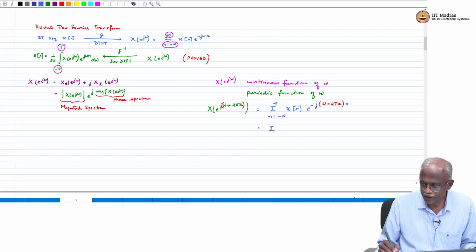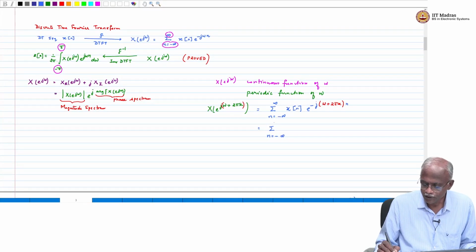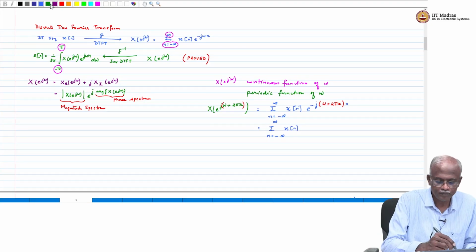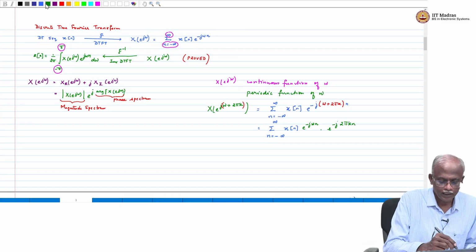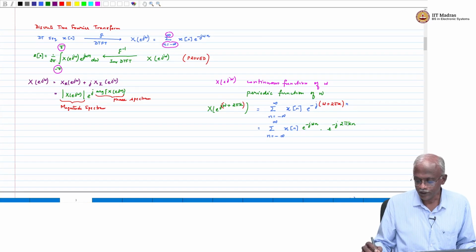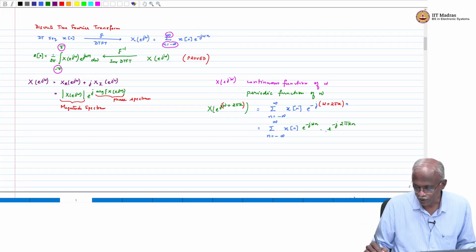So this is summation n equal to minus infinity to infinity x of n. I am going to expand the term e power minus j omega n as the first term. The second term is e power minus j 2 pi k n. Okay, any exponent e power j 2 pi k n is cosine 2 pi k n plus j sine 2 pi k n, which is equal to 1.